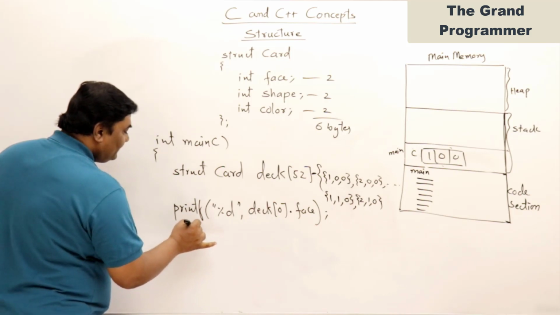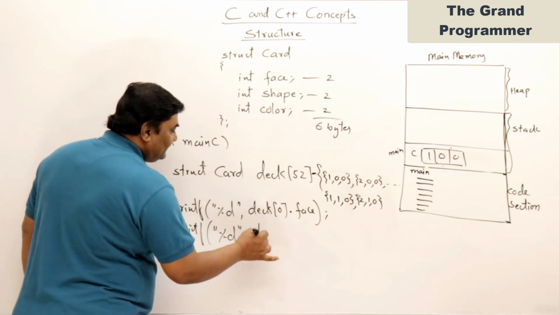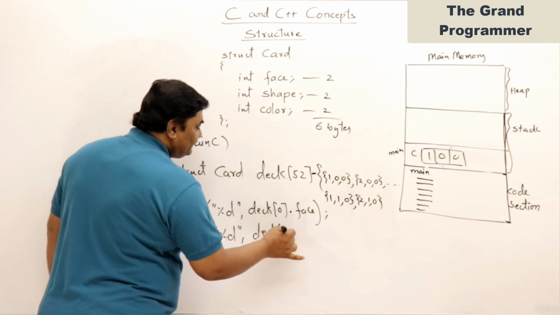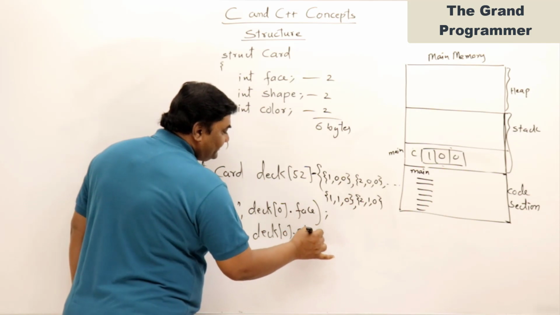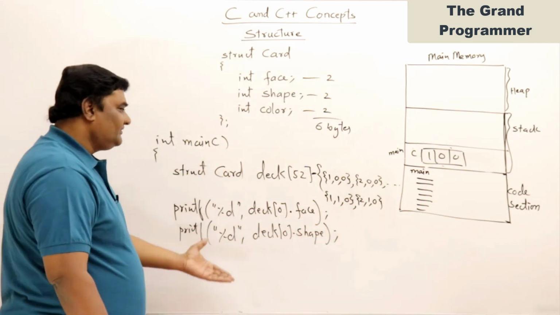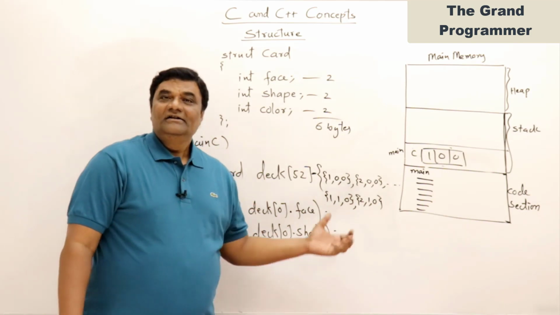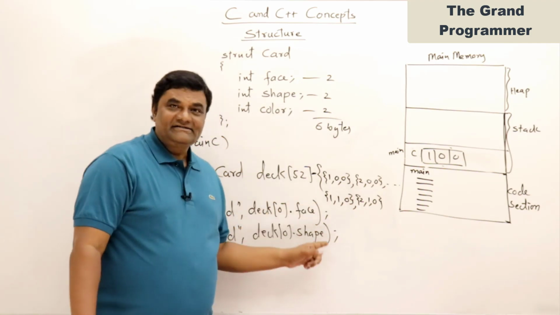Then printf next %d and deck[0] dot shape. So I can display the shape. That's it. I can display other things also, like colors. So this is how, by using the array name, then the index, I can access it.